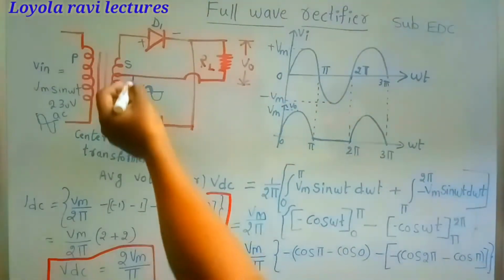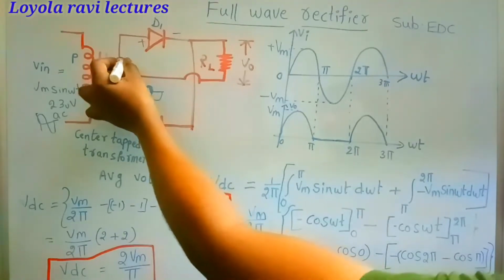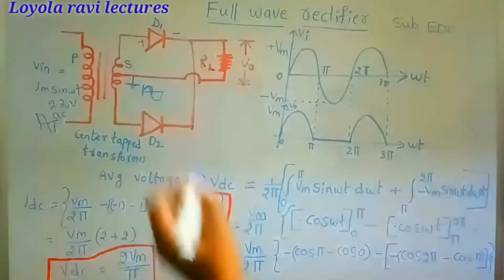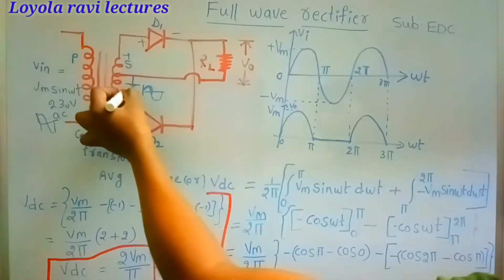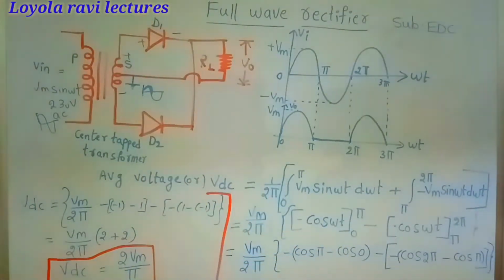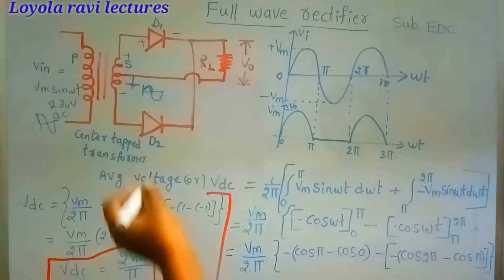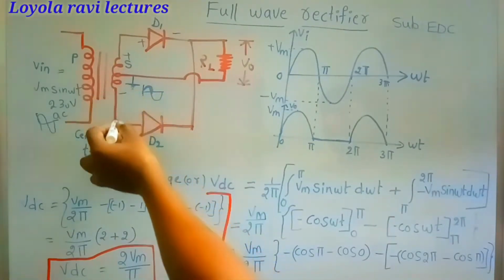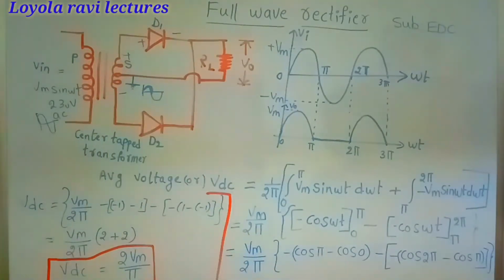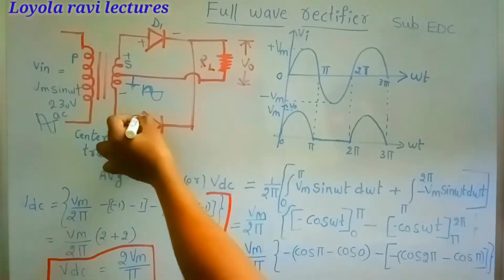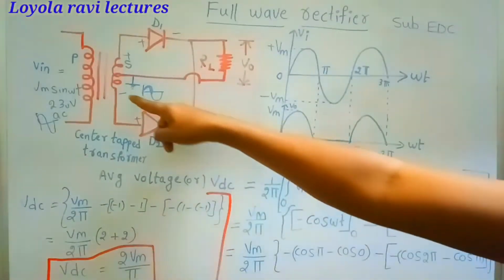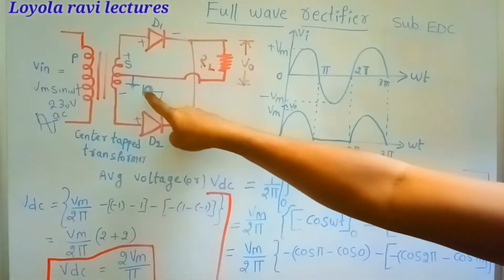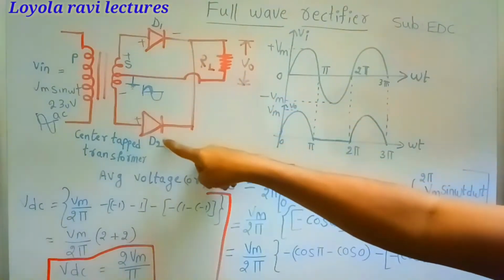Similarly, for the positive peak, the transformer secondary consists of three terminals: positive, negative and ground. Whenever positive is connecting to the negative, it becomes negative. Negative is connecting to the diode D2, so the diode positive is connecting to the negative, which is why D2 does not conduct. For the positive peak, D1 conducts and D2 does not conduct.